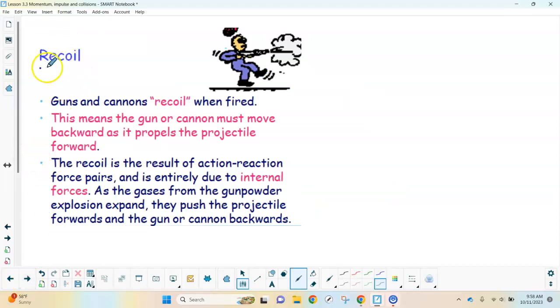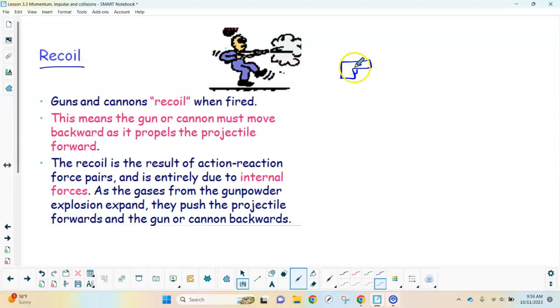Another example of an explosion would be recoil. If you've ever fired a gun or if you've ever seen a cannon being fired, that kind of propulsion backwards, that's the kickback, that's the recoil. So if you imagine the situation, you had a gun or a cannon, and a bullet.